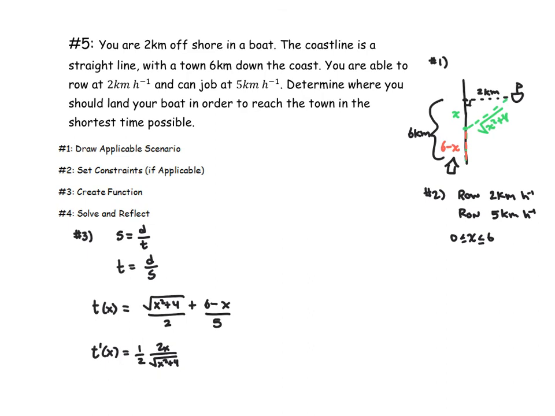The derivative here in the second term would technically be 6/5 minus x over 5. I shouldn't have a plus there. This would be plus a negative 1/5. Now I did forget one thing, I believe.